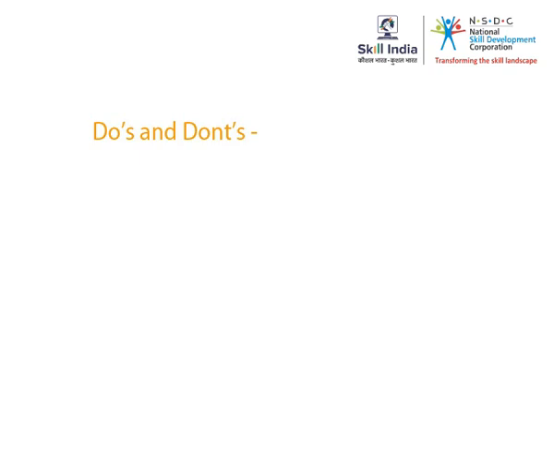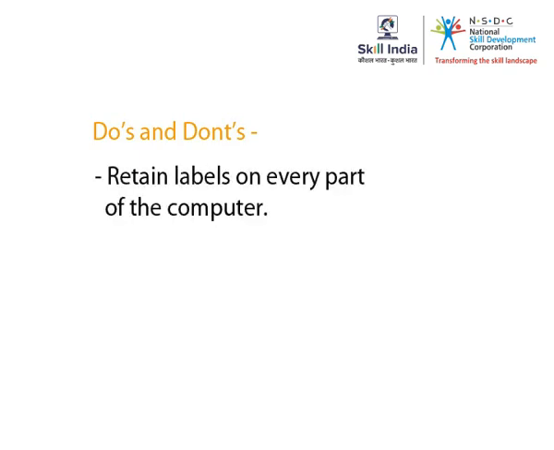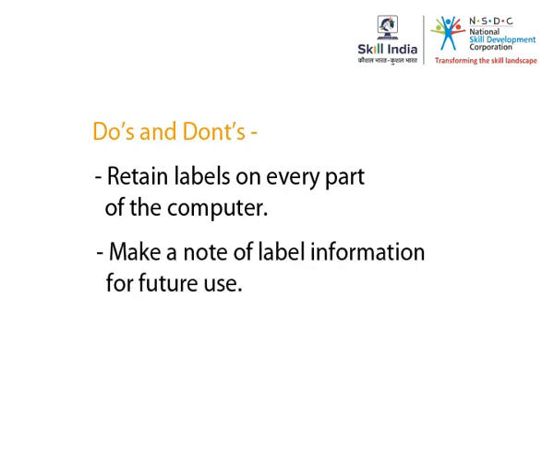Make a note that these labels should always be retained on the parts. At the same time, all the information on the label should be noted separately. This noted information can be used in case the label is lost due to use.